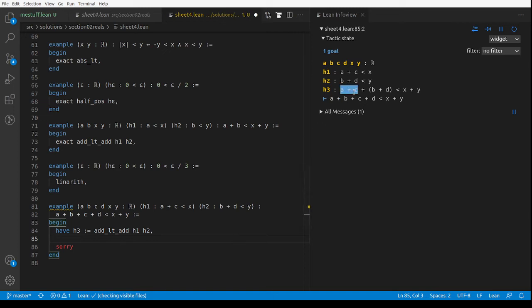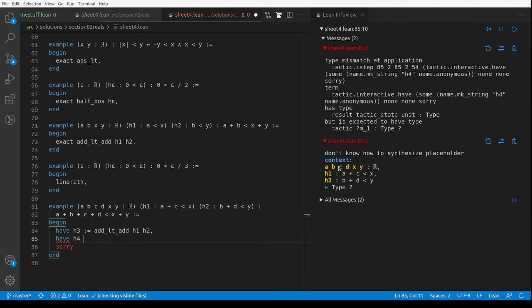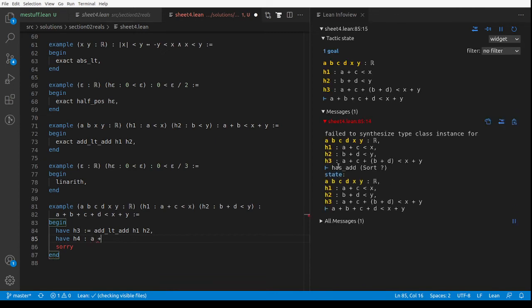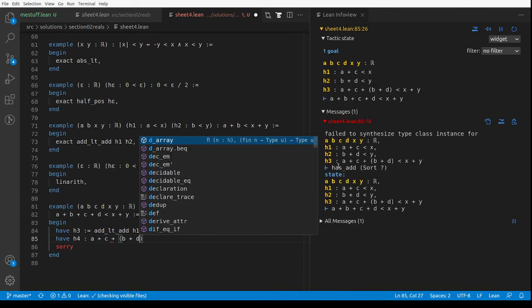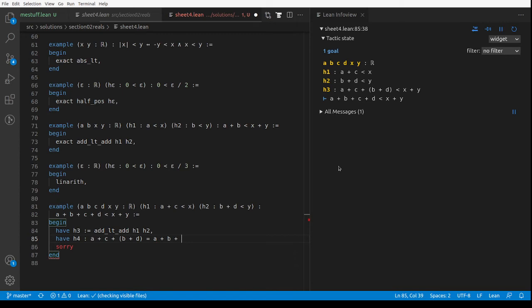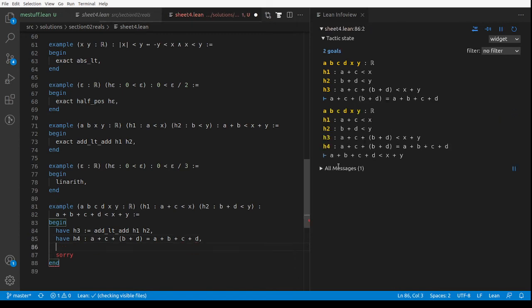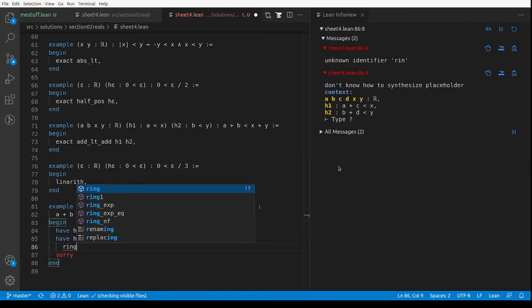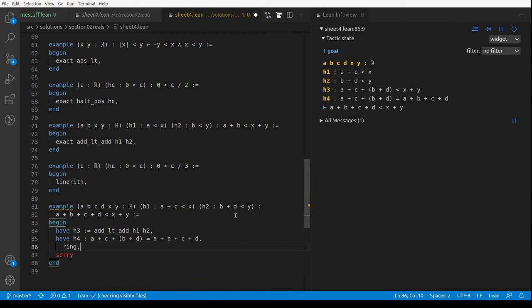The issue is that (a + c) + (b + d) is not equal to a + b + c + d by definition. It's equal because of a theorem. So we could make that theorem, have h4. Was it a + c + b + d = a + b + c + d? There, that's what we want, right? And then we could prove that with the ring tactic, because that's just an identity in ring theory.